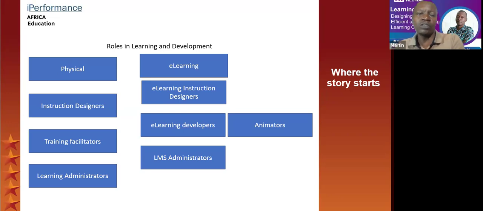These are the guys who decide who goes to what training, who needs which training internally in the organization. Then if you're looking at e-learning, you have your e-learning instructional designers, then those who develop the e-learning, and next to them are the people who do the animations, actually bringing the e-learning to life. Then you have the teams that run and manage the learning management system.